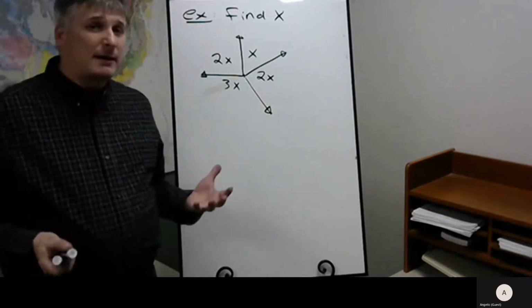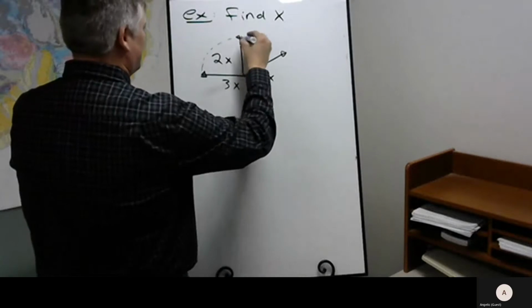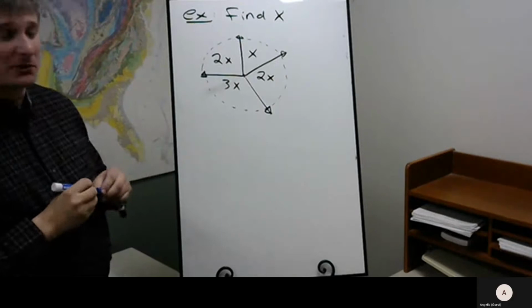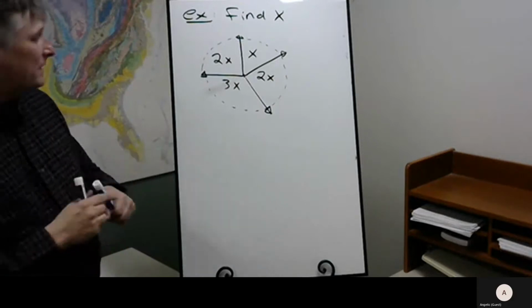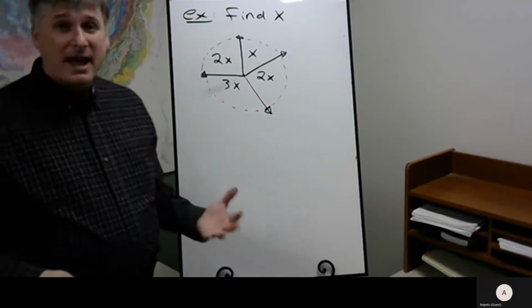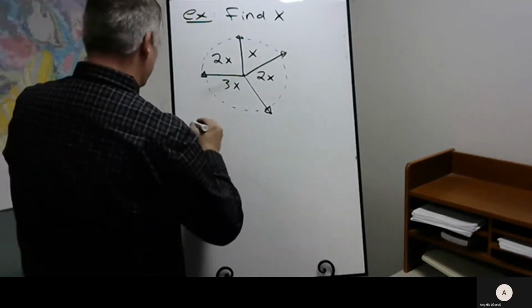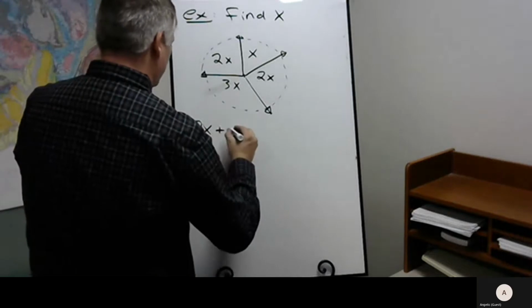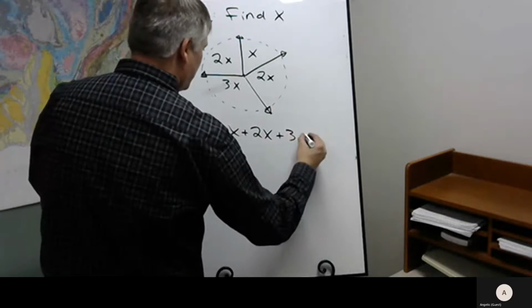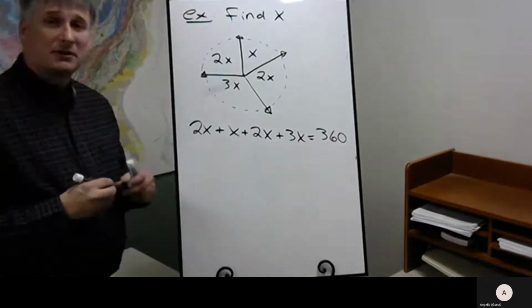So for this type of problem, we can imagine this being at the center of a circle. So that means this plus this plus this plus this, they have to add up to 360. So let's add them up. 2x plus x plus 2x plus 3x is 360 degrees.